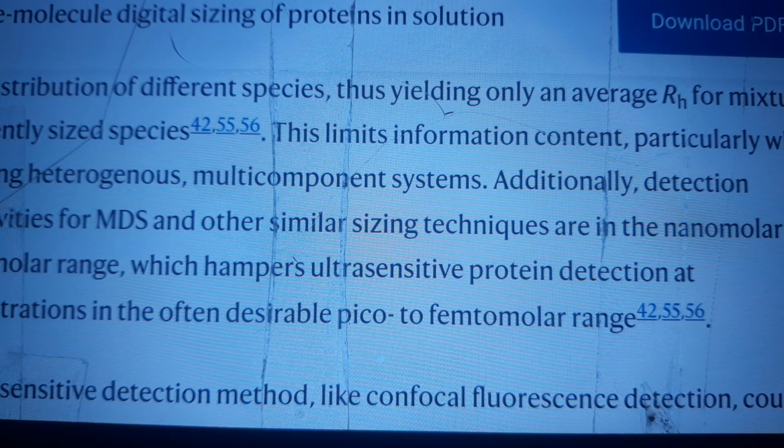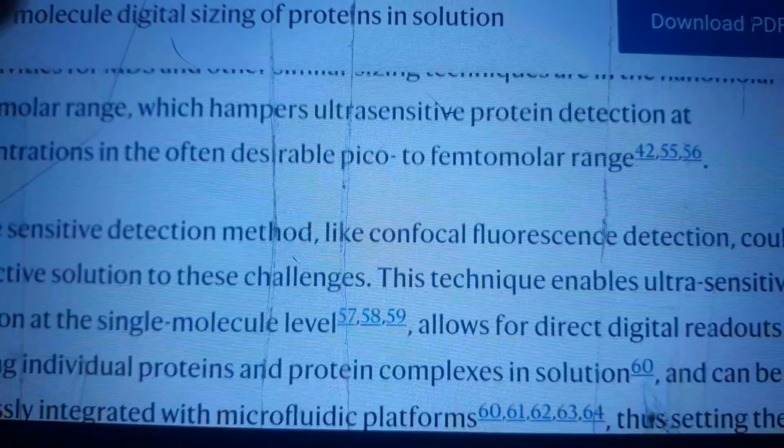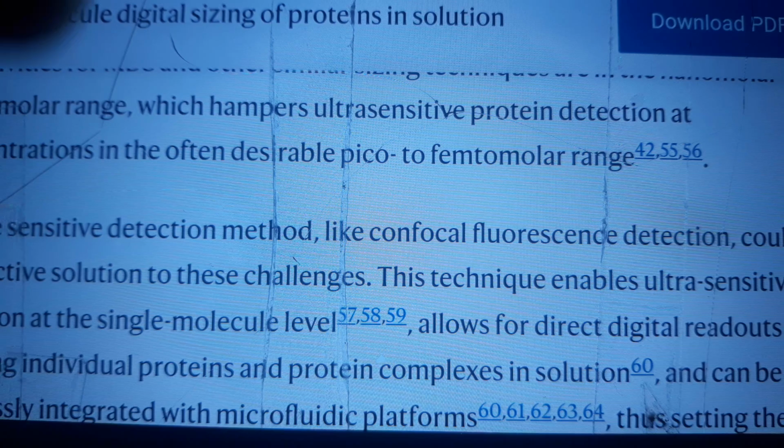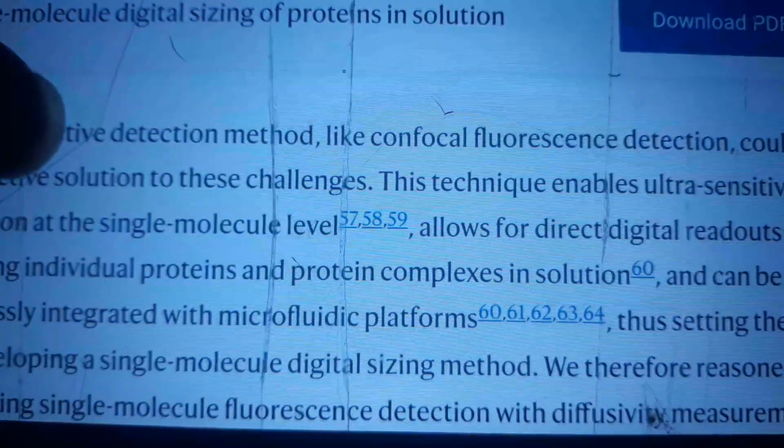This limits information content, particularly when studying heterogeneous multi-component systems. Additionally, detection sensitivities for MDS and other similar sizing techniques are in the nanomolar to micromolar range, which hampers ultra-sensitive protein detection at concentrations in the often desirable pico to femtomolar range.